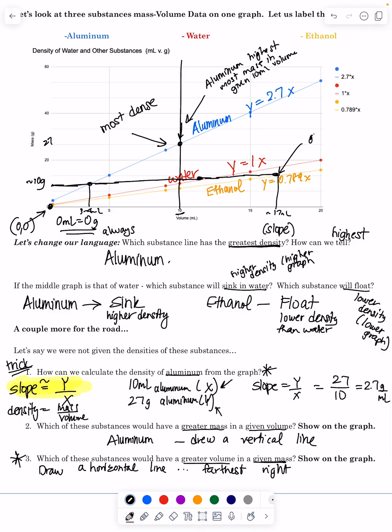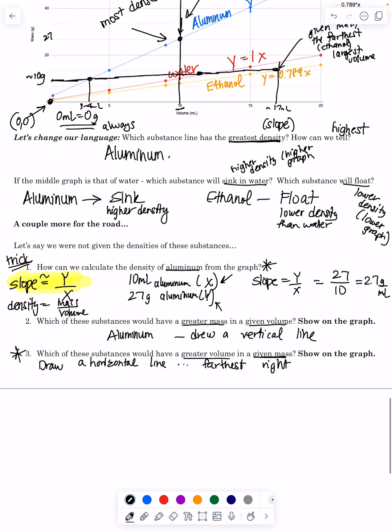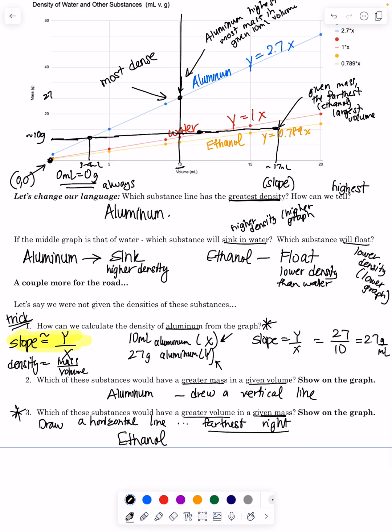So for a given mass, the farthest, which for us is ethanol, has the largest volume. So ethanol would be our answer. It is the farthest right if I draw a horizontal line.